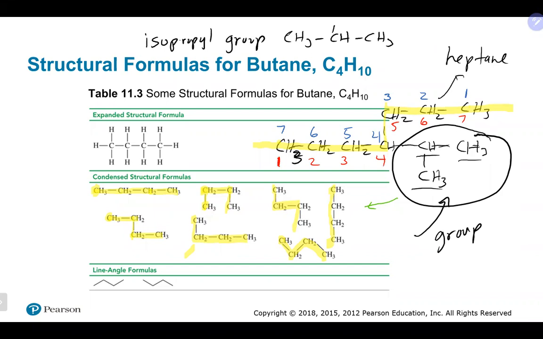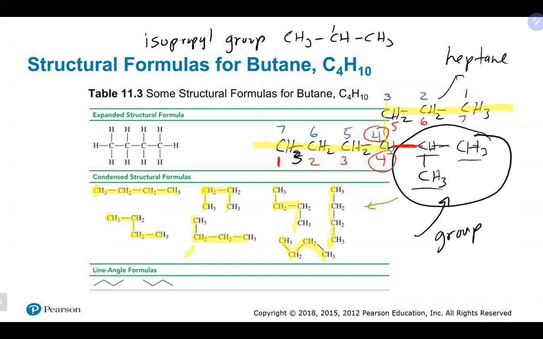What carbon is that group attached to? In this particular case, no matter which way I go, which number of carbon is that attached to? Number 4, right? This group right here is coming in at carbon number 4, no matter which way you went, which does sometimes happen.